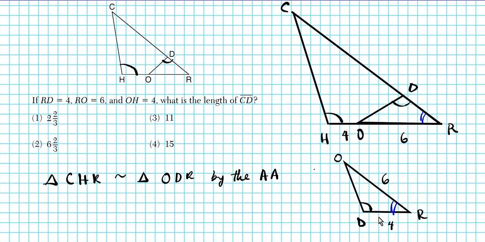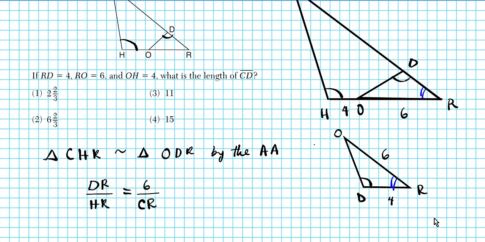So DR over HR, I picked these two sides because I know their measures, is equal to OR, which is 6, divided by CR. In the numerators we have the small triangle measures, and in the denominators we have the big triangle measures.